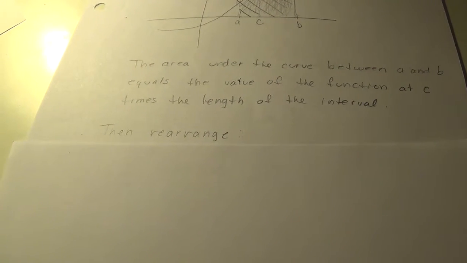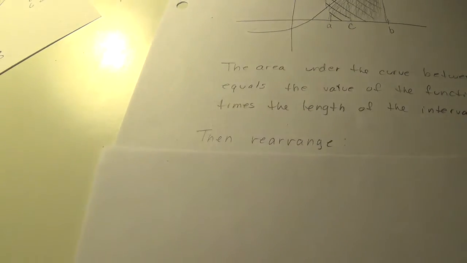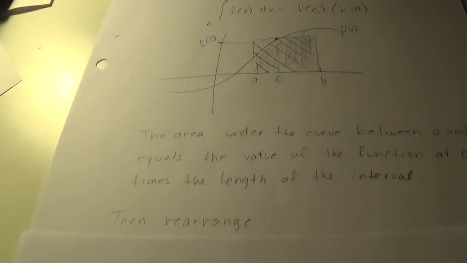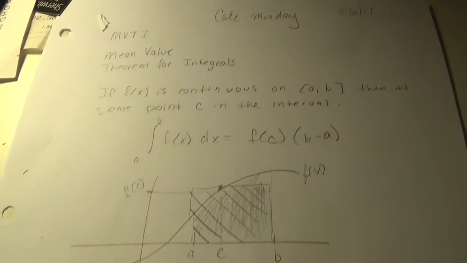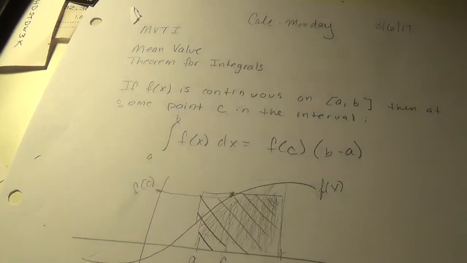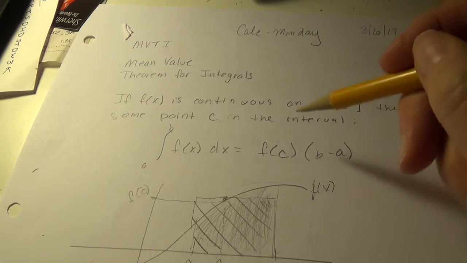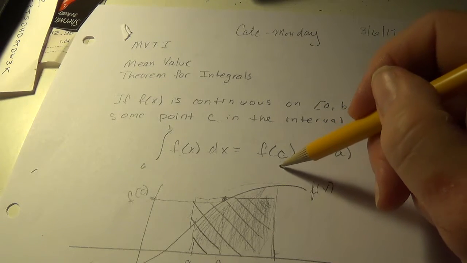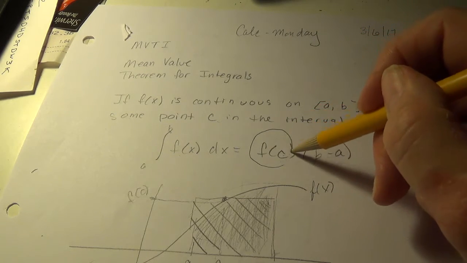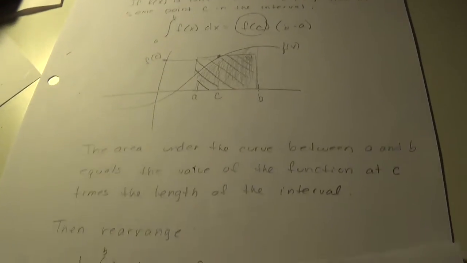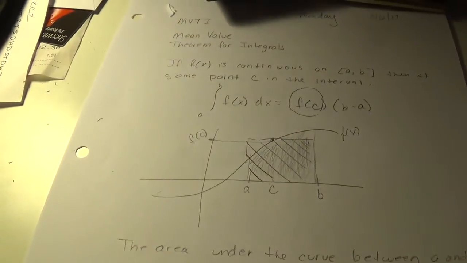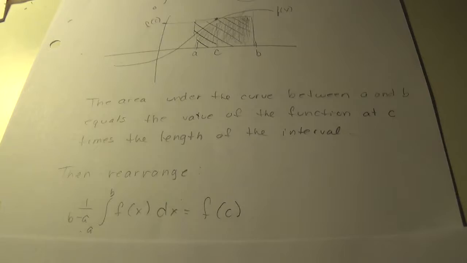Now let's rearrange this expression right here. I'm going to get this by itself, so I'm going to divide both sides by b minus a.